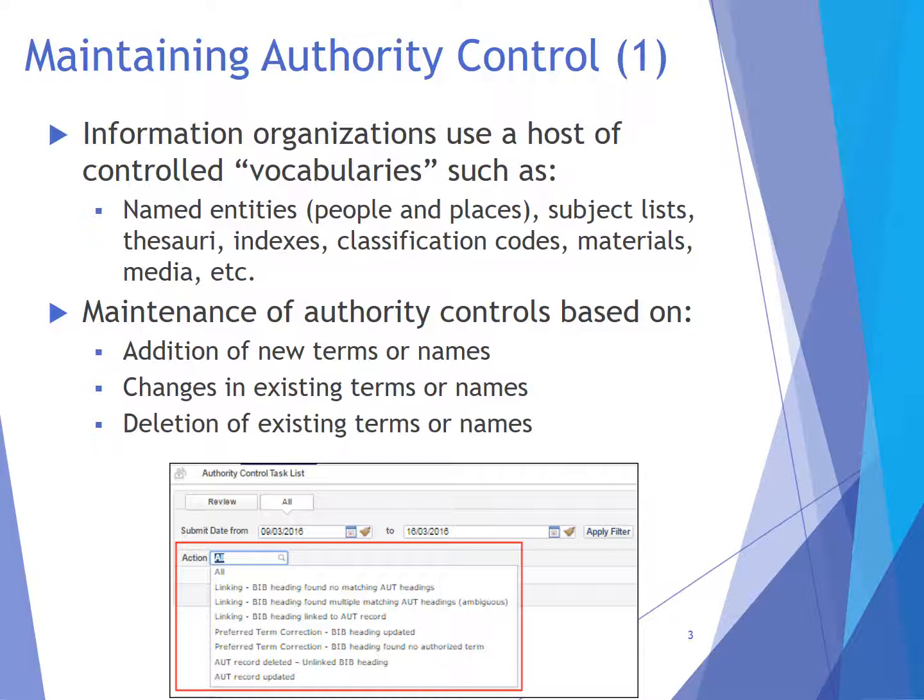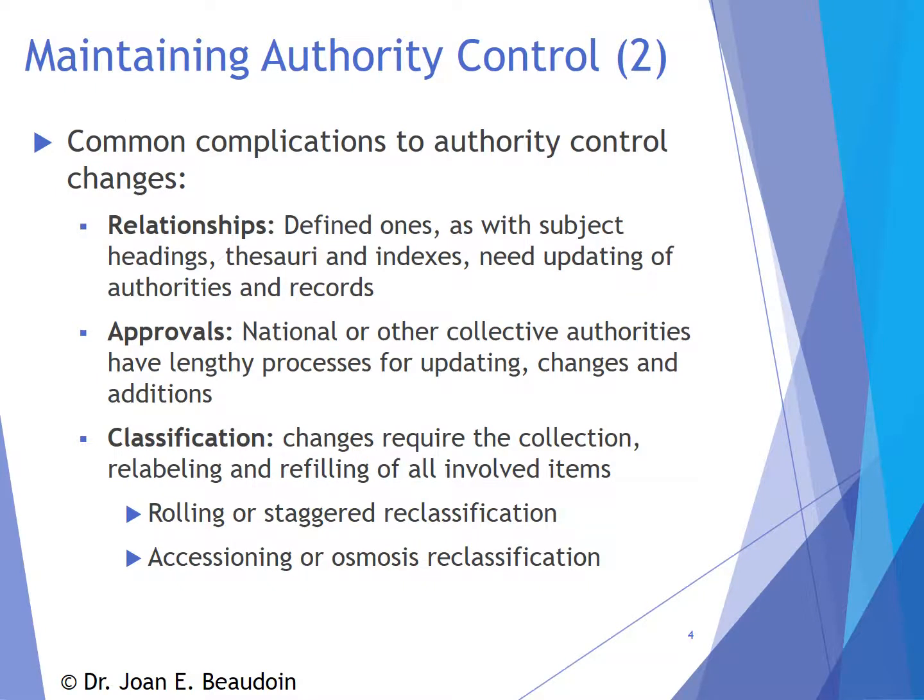So all of those types of activities have to occur to maintain your authority controls. It just makes your information system run like a fine-tuned machine when you do that.